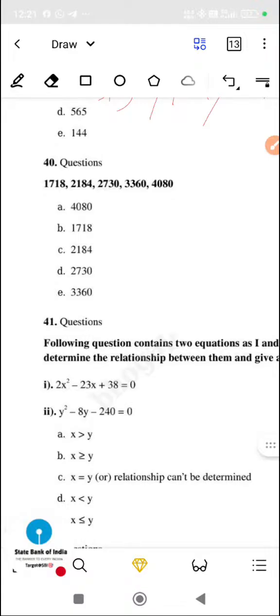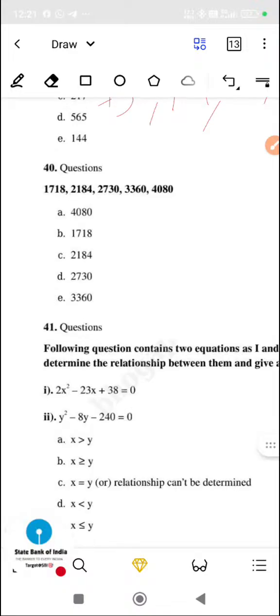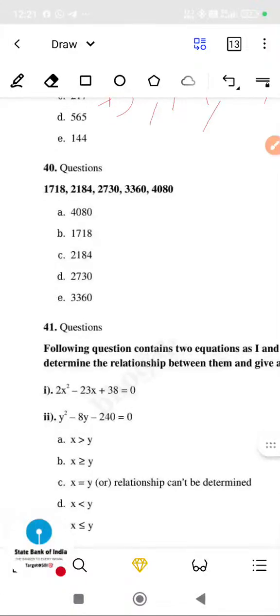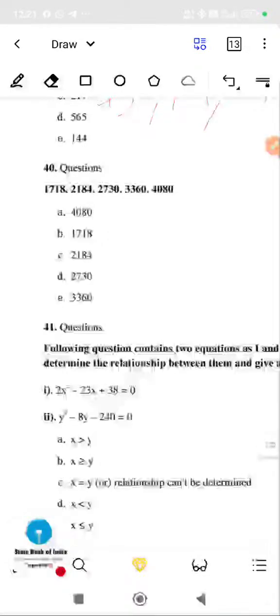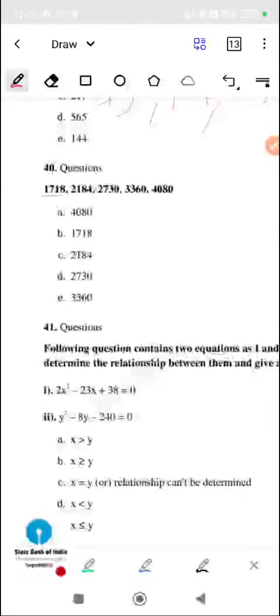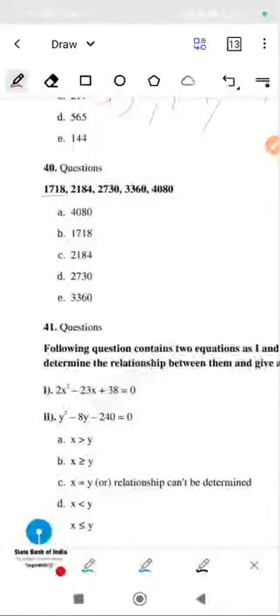Here what we see is the difference between these two. These numbers are familiar to me as cube numbers. It is very near to cube numbers. 1728, 1718 is nearest cube for 12. 12 cube will be 1728 minus 10.